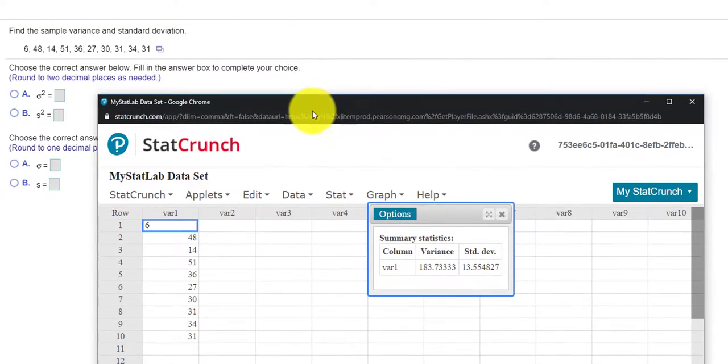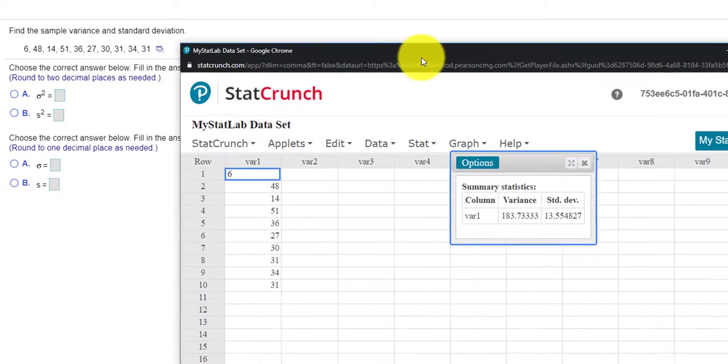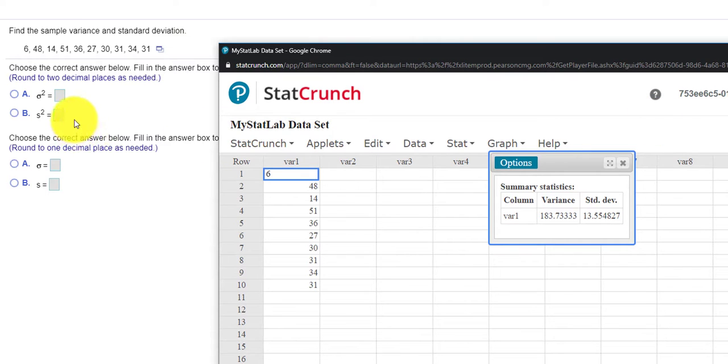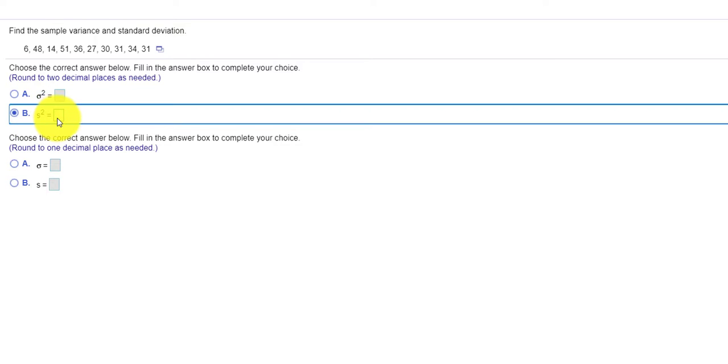Choose the correct answer below. Okay, so the variance would look like, and notice I did say sample variance, so I'm going to use S squared. Okay, if they said population variance, I would have used sigma squared.